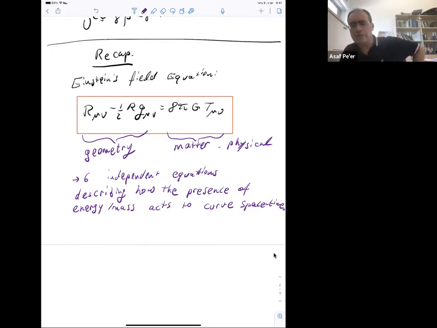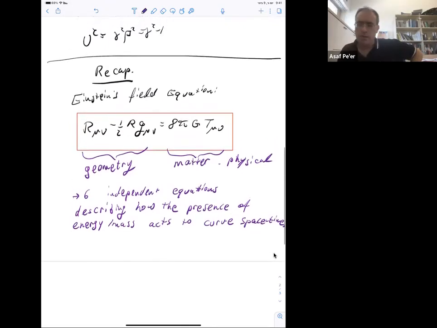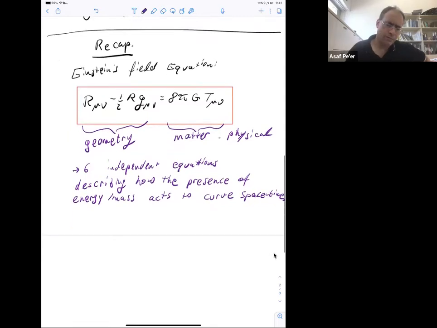A few years later, other solutions were found: the Robertson-Walker solution, the Nordstrom, I always forget the second name. Nordstrom, somebody else, whose name I forgot right now.